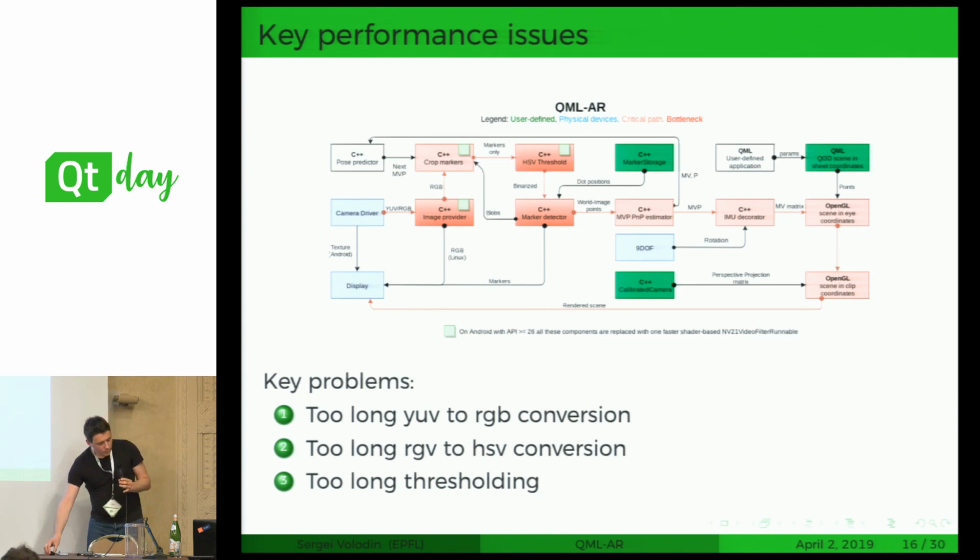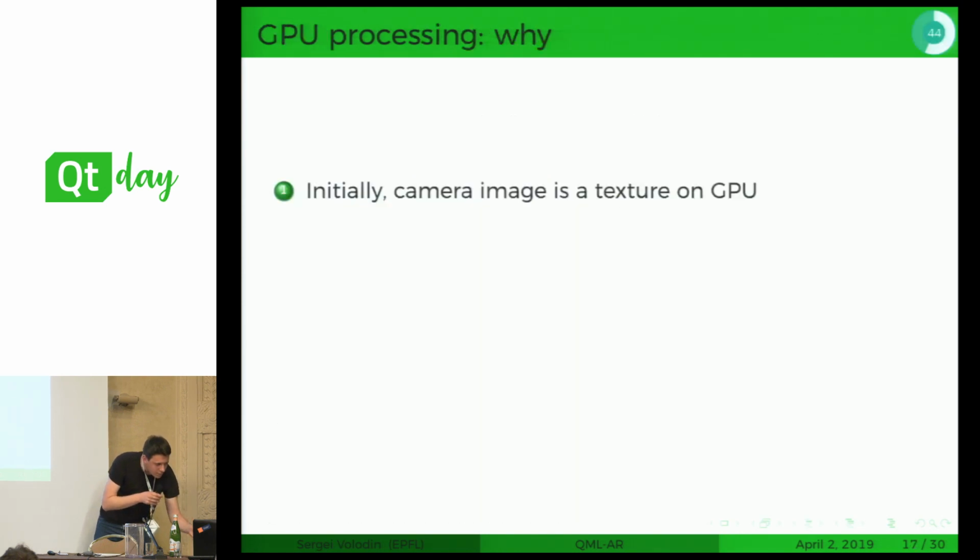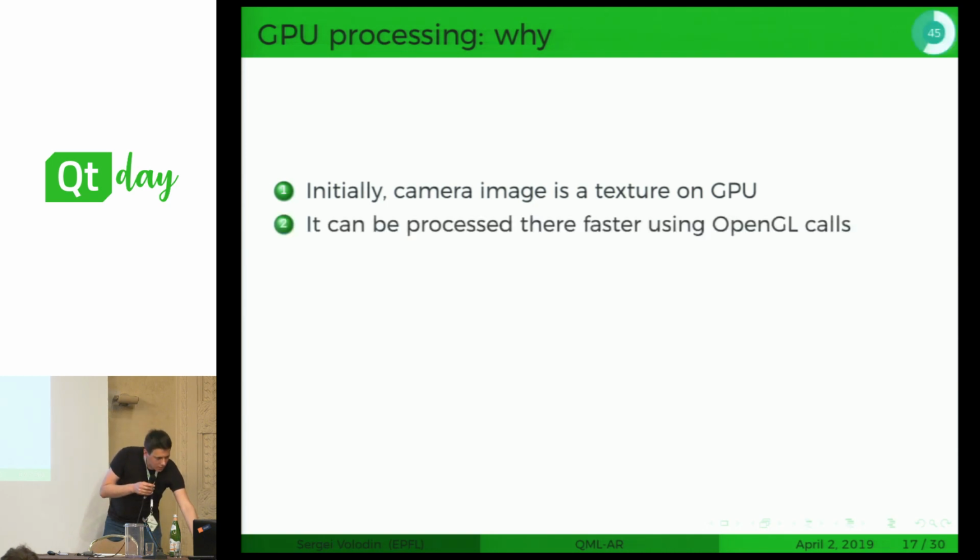So the obvious decision is to use the embedded GPU. However, here there are also some problems, and I will talk about them. Initially, an image is a texture on the GPU, so it is natively on the GPU on an Android device.